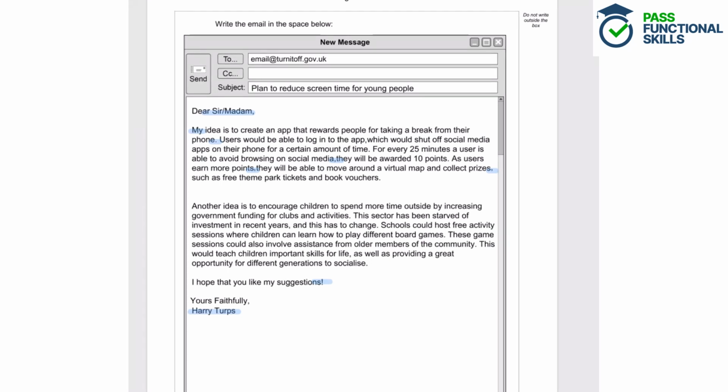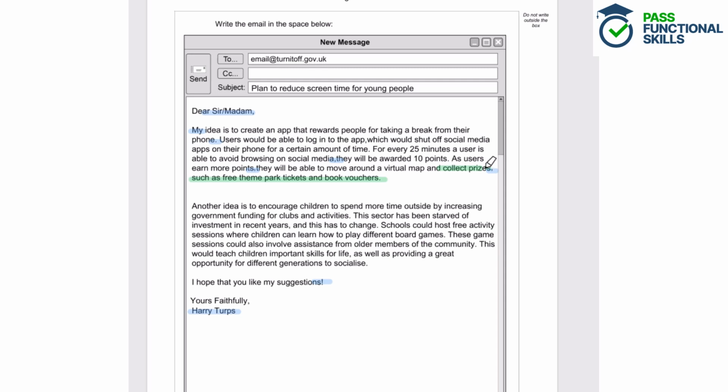Next, let's think about grammar. So you need to make sure that everything makes sense in your answers and all of your nouns and verbs are matching up together. You should also make sure that you are not getting confused between singular words and plural words. So for example, we've got users moving around a virtual map and collecting prizes, such as free theme park tickets and book vouchers.